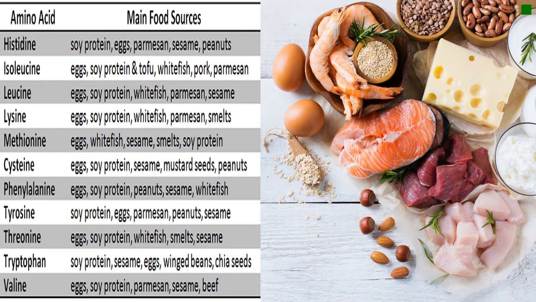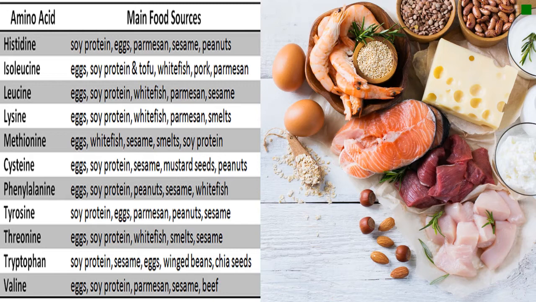There are many different types of amino acids, and some of them are manufactured or synthesized naturally in the body or in the cell. However, there are some amino acids which we call essential amino acids that cannot be synthesized naturally in the body. Instead, we need to include them in our diet.